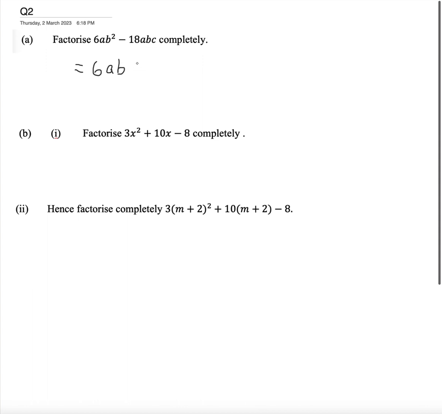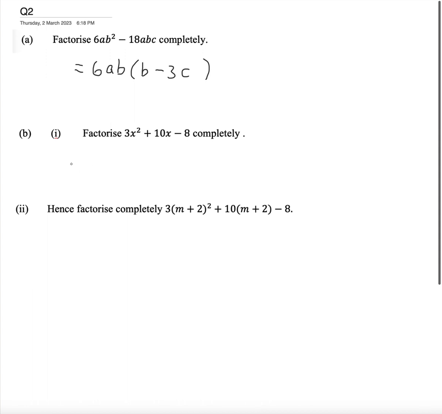And c is not common. So now what remains in the bracket, after taking out 6ab, is that we still have a b in the brackets, because b times b is b squared. Minus, well, we take out the factor 6, so we left behind a 3. And ab is taken out, so we left behind c.